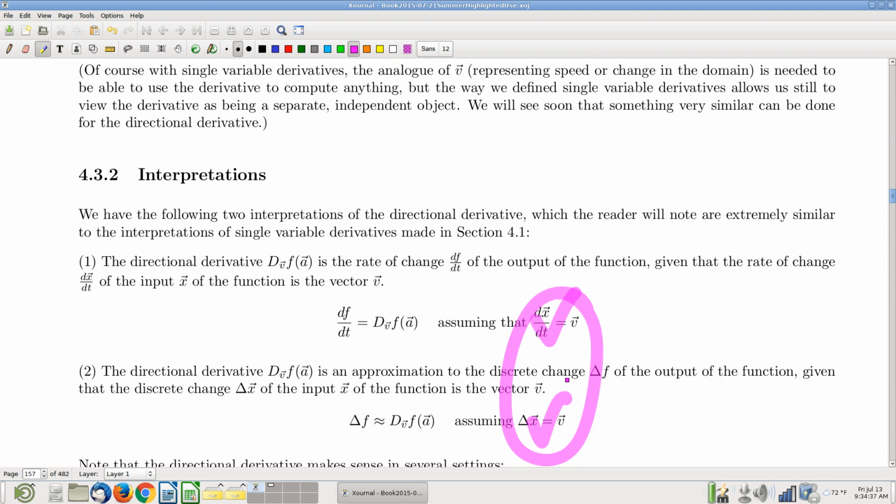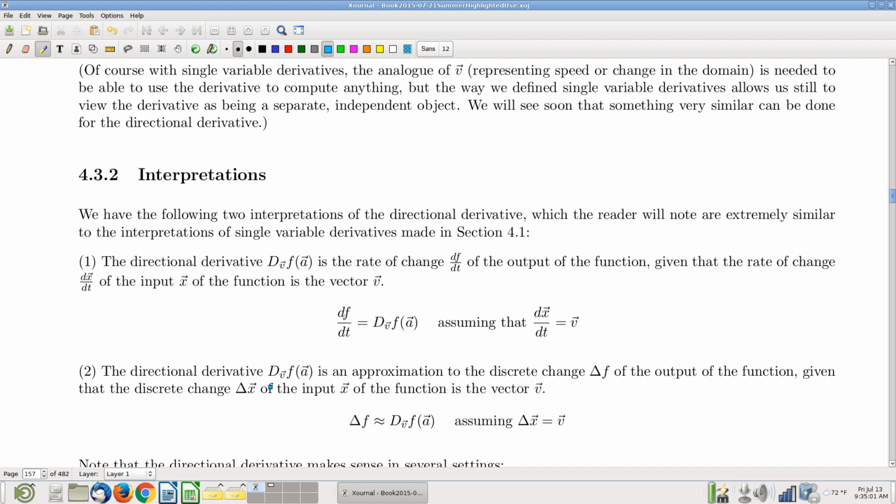So, reminder, I've said this several times now, but sometimes I'll just talk about an input vector. The input vector means a vector representing some appropriate form of input change. Given an input vector, the directional derivative is just the corresponding output vector. Velocity or jump or whatever.